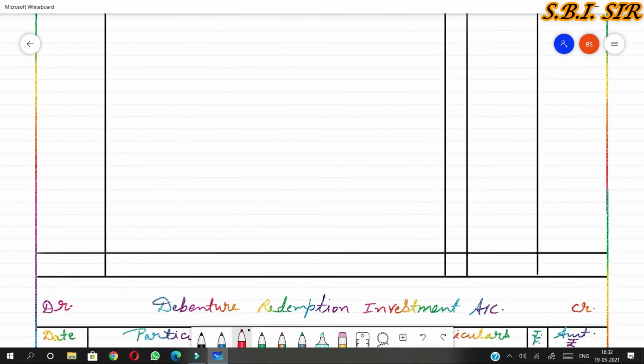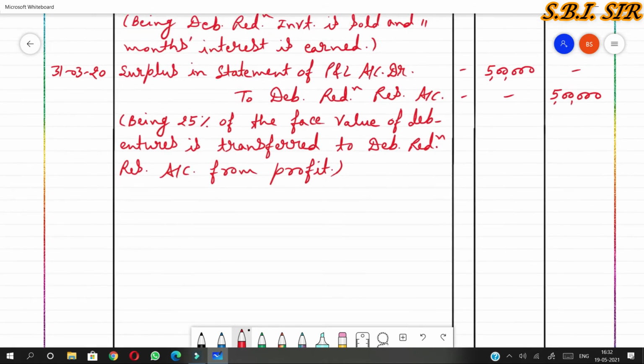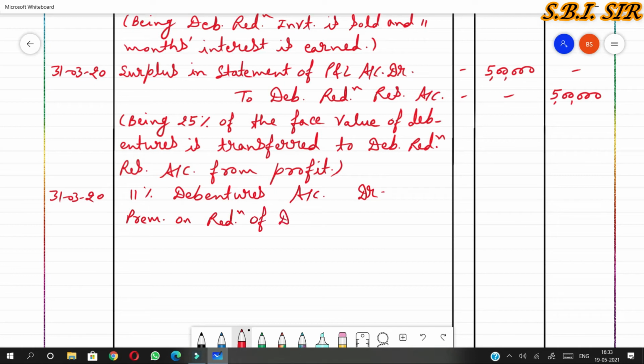Then in the next entry we will make provision to redeem the debentures. So 31st March 2020, 11% debentures account debit, premium on redemption of debenture account debit to debenture holders account.